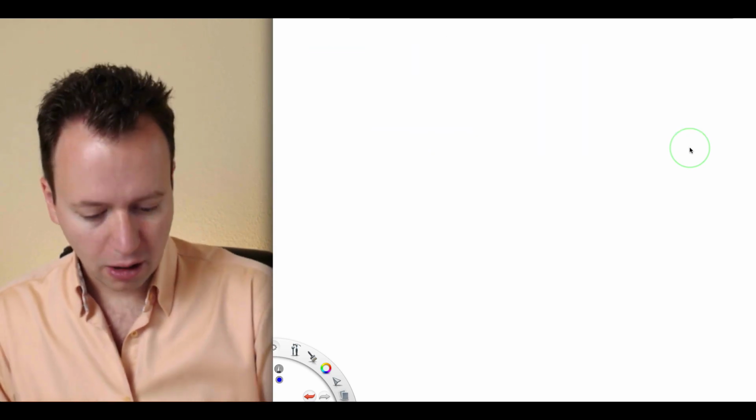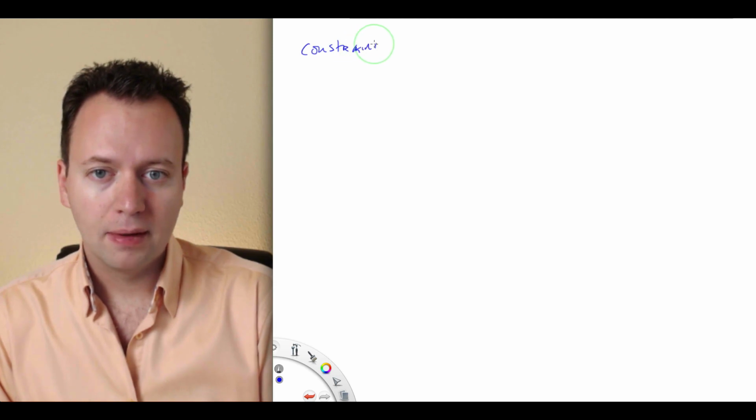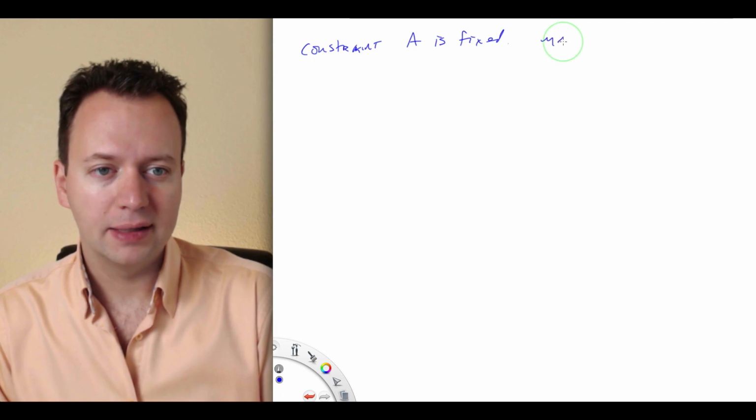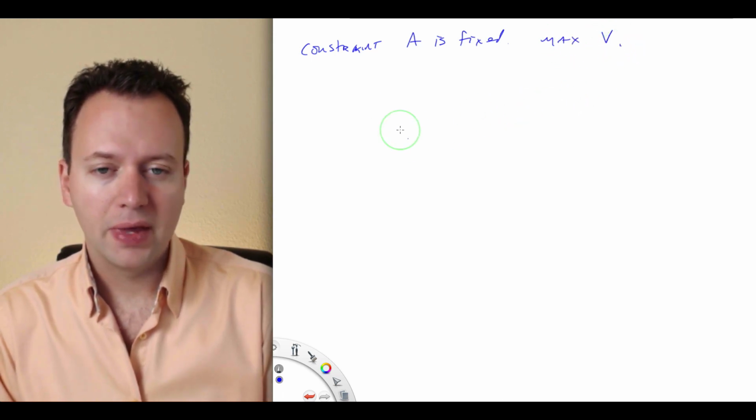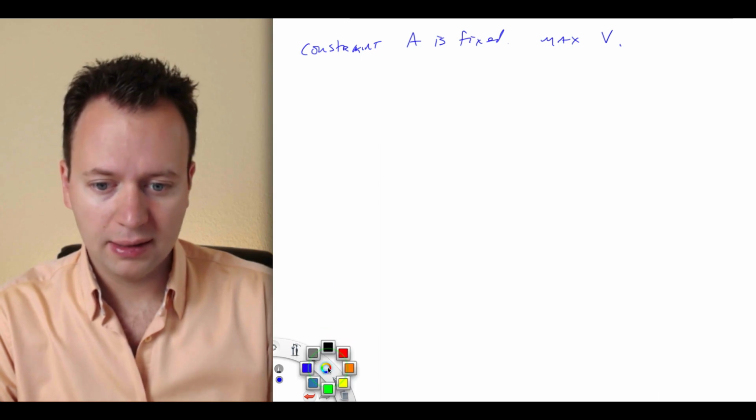So basically, our constraint is that A is fixed, and then we want to maximize the volume V. Our can is going to look something like this.